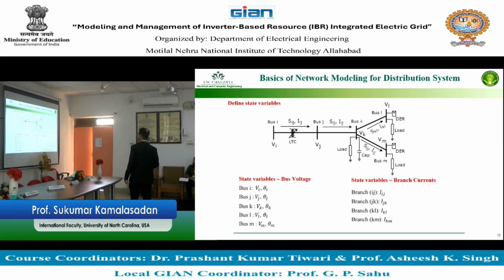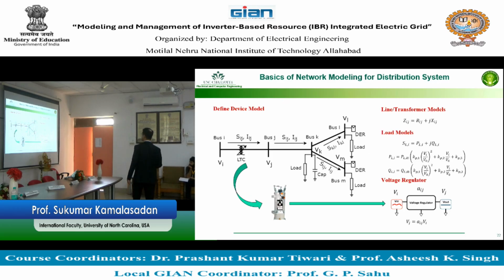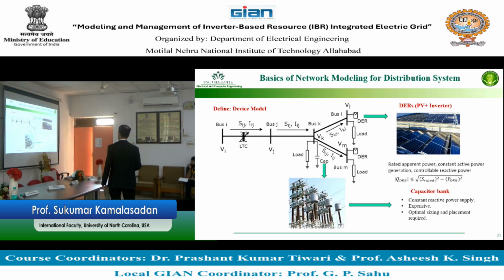So the state variables, when you look at it, are the voltages, and the branch variables are mainly the currents. And you can devise models. You just talked about the device model, how the models are developed for the DER and also the capacitor.